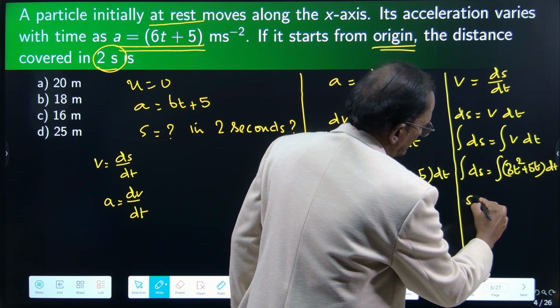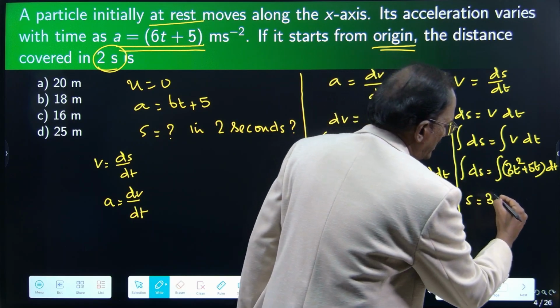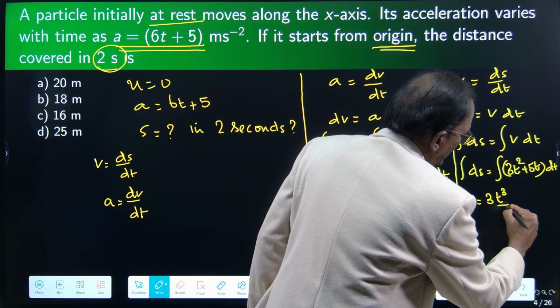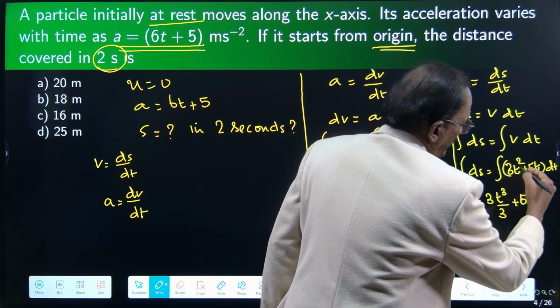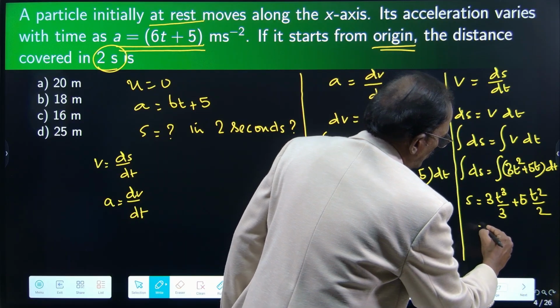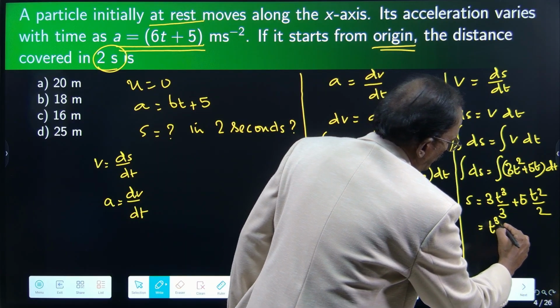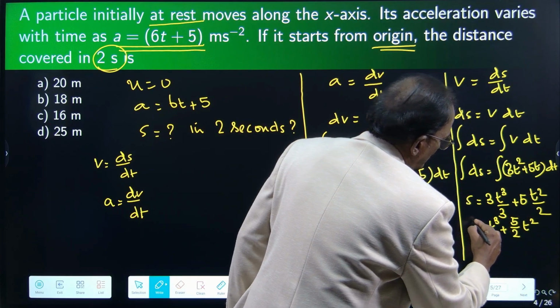Integral of 3t square, 3 is constant, t square will give us t cube by 3, plus 5 is constant, t will give us t square by 2. So this is t cube plus 5 by 2 t square. This is s.